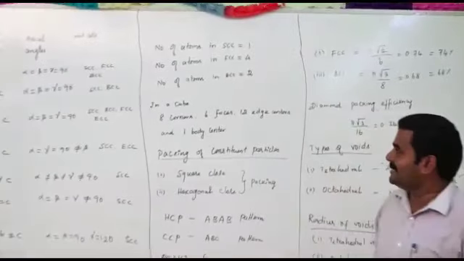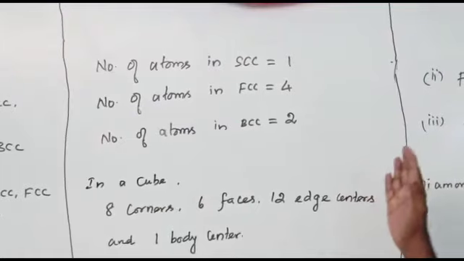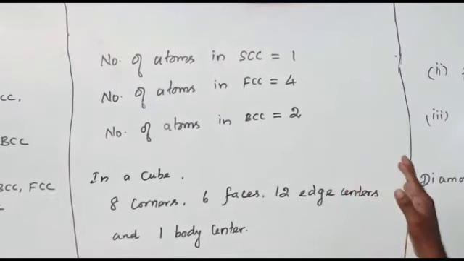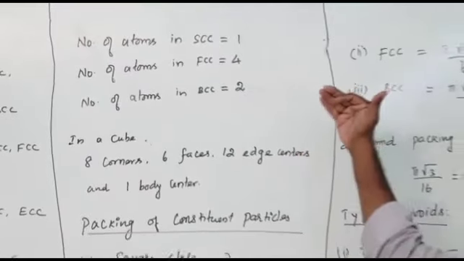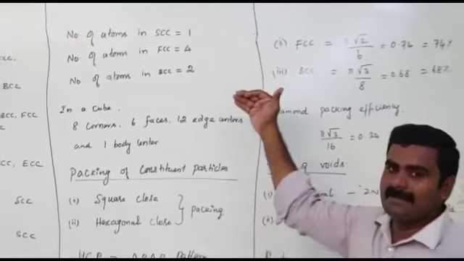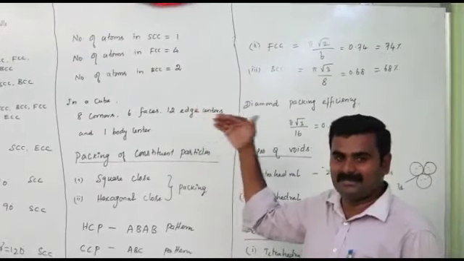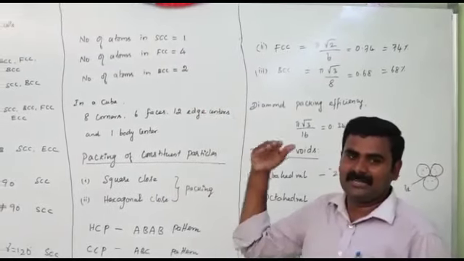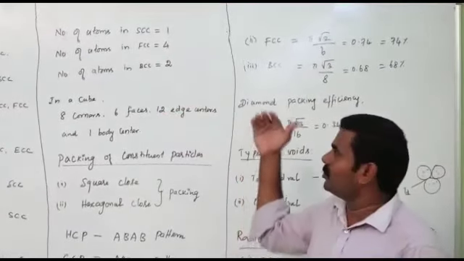Next is the number of atoms in SCC, BCC and FCC. The number of atoms in SCC is 1, because each corner atom is shared by 8 unit cells. For FCC, apart from the corners you have 6 atoms on the faces. Each face is shared by another unit cell, so you take only half. So the total is 4.